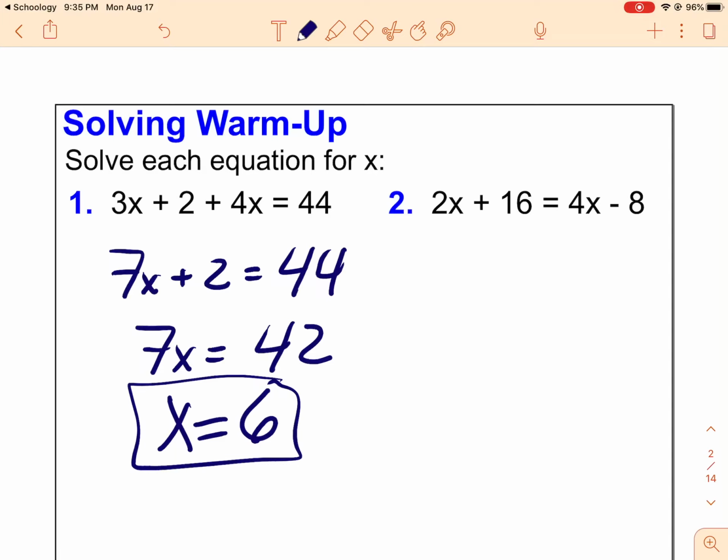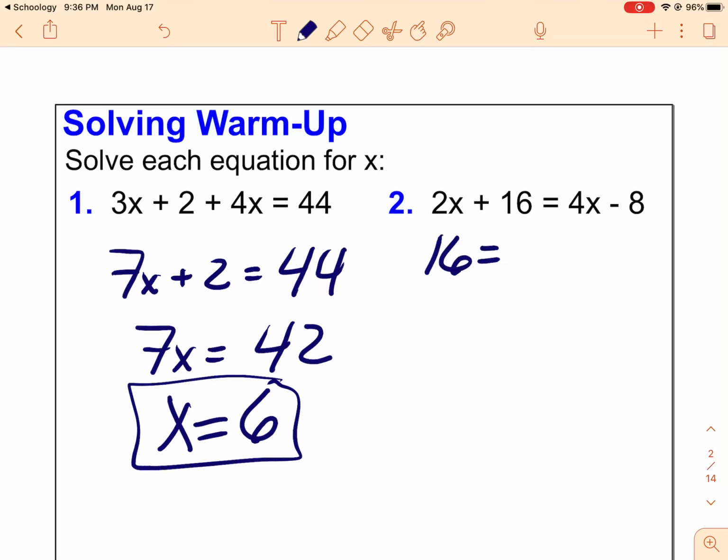With the second one, you would want to get all of the x's over onto one side, all of the constants on the other. It doesn't matter which side the x's are on. I personally don't like dealing with negative x values, so I would subtract the 2x from both sides.